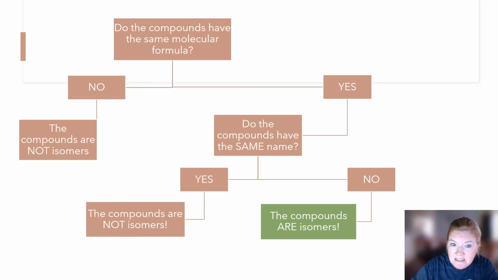If yes, the compounds are not isomers because they literally are the same thing. It's just like looking in a mirror turned another way. If they don't have the same name in that case, then they are isomers. So two key properties: isomers need the same molecular formula, different structure, and that different structure comes from having a different name.